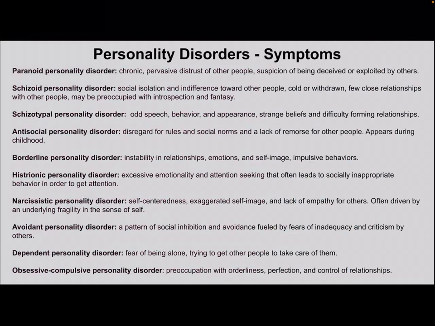So paranoid, the person has chronic pervasive distrust of other people. They're always suspicious. They think they're being cheated on or followed or listened to. And again, that's a common symptom in schizophrenia, is to have paranoid delusions, right? But in this case, the paranoid delusions are the only symptom. They don't have the other symptoms of schizophrenia, so this person would be diagnosed with paranoid personality disorder.